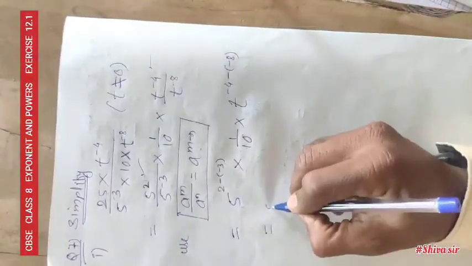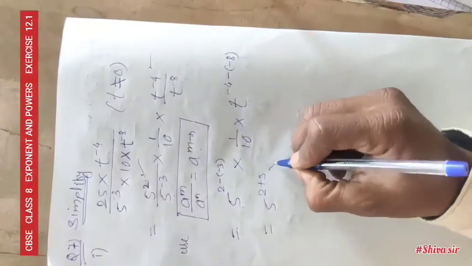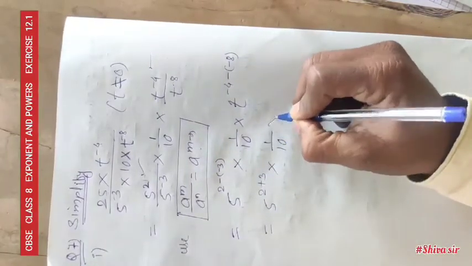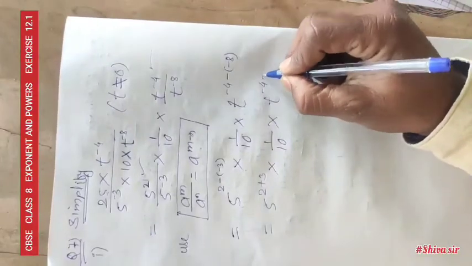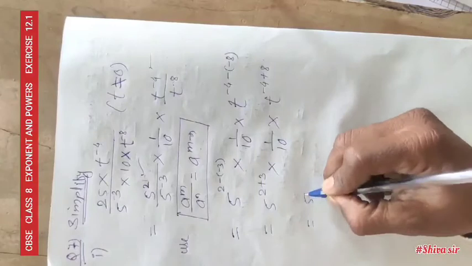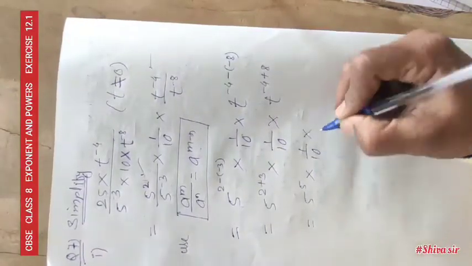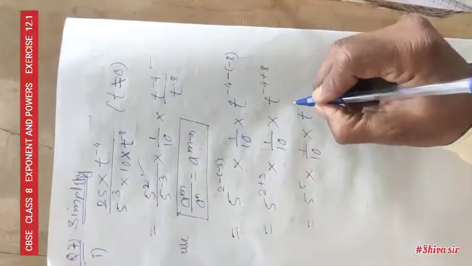In the next part, 5 raised to the power 2 plus 3, minus into minus plus, into 1 upon 10 into t raised to the power minus 4 plus 8, minus into minus plus 8. So here it is 5 raised to the power 5 into 1 upon 10 into t raised to the power 4.